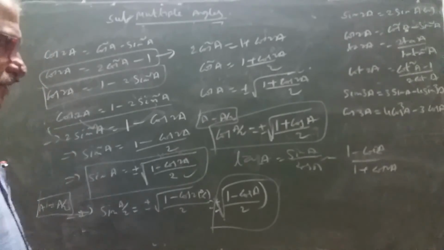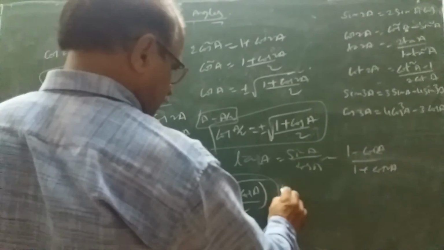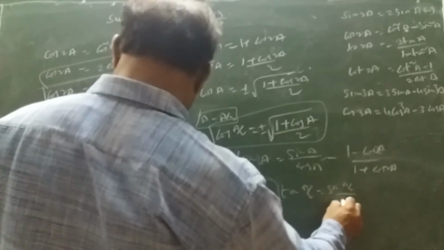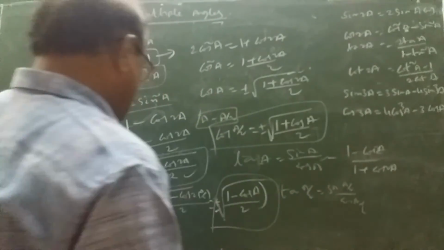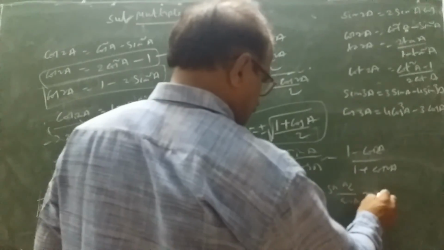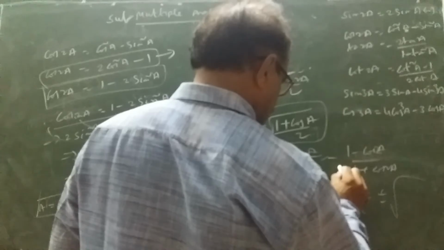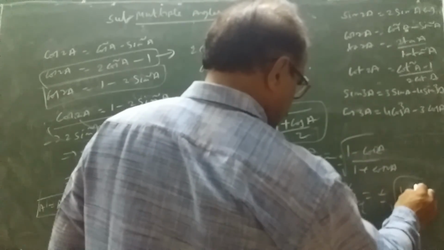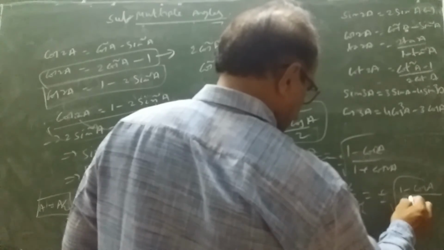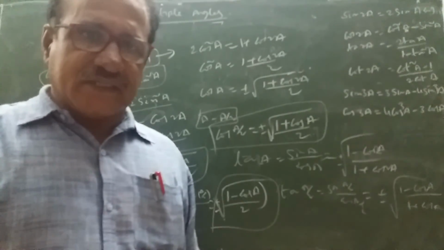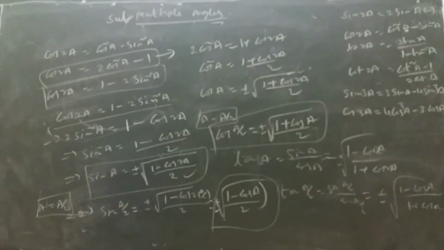Similarly, tan A by 2 is equal to sin A by 2 by cos A by 2, which is equal to plus or minus under root of (1 minus cos A) by (1 plus cos A). So we have to solve some problems by using these identities. Okay.